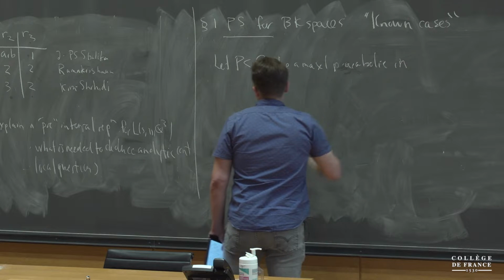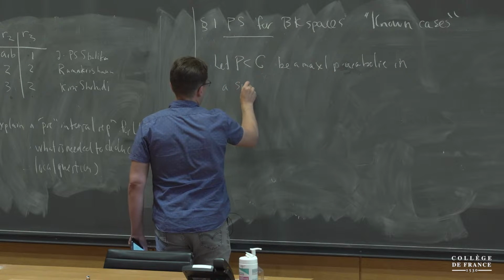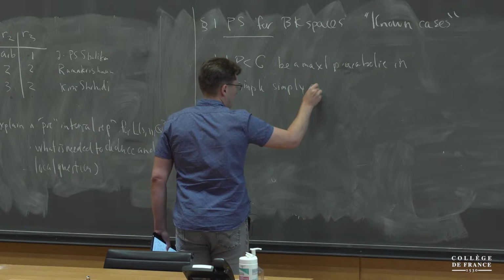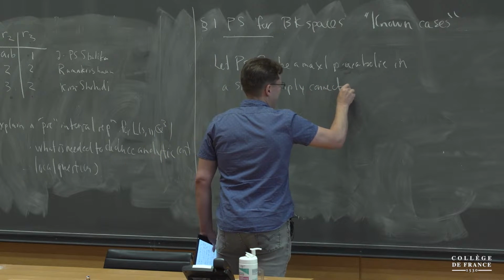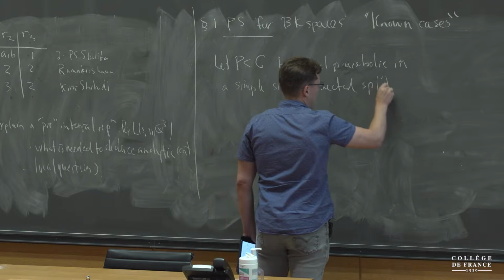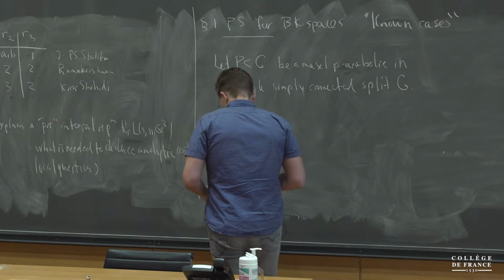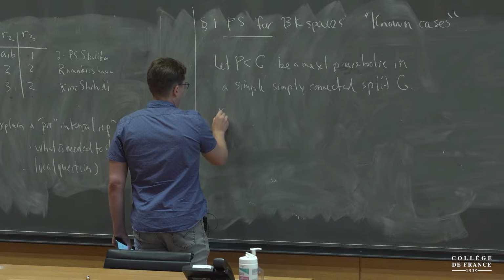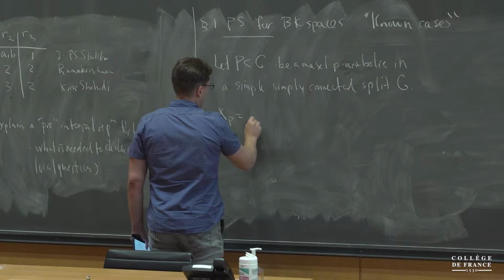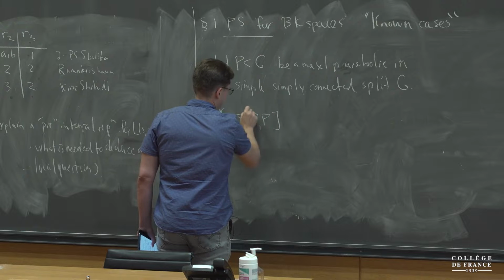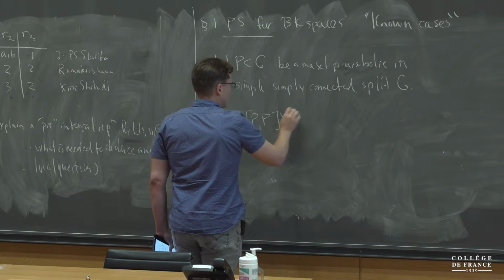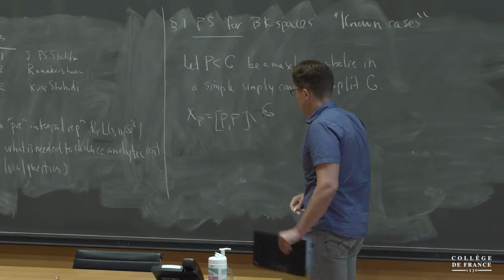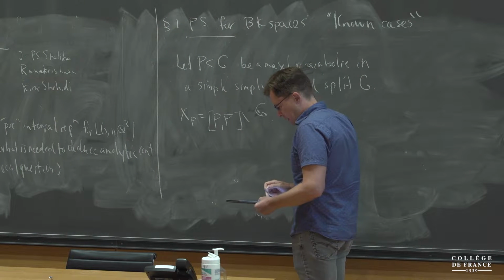in a simply connected split G. All right, so I'll let X_P be the corresponding quotient that we saw earlier, although I'm putting the parabolic on the left there.